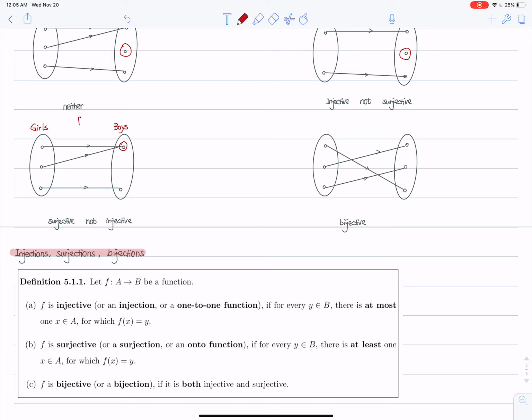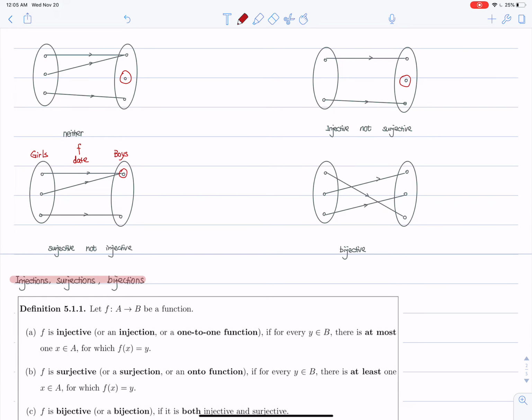The function is date. Now it's not injective because this guy here has two girlfriends. It's not good, so it's not injective.